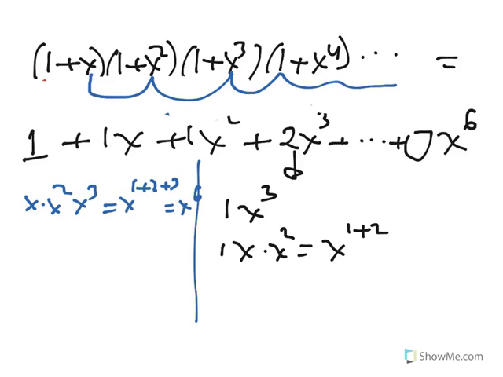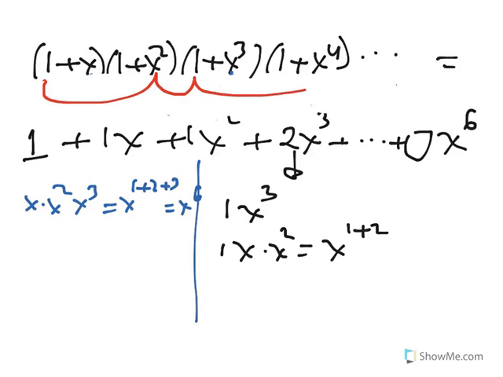But another way that I can get x to the 6th is by using the 1 with the x squared, with the 1 with the x to the 4th, with 1s from then on.